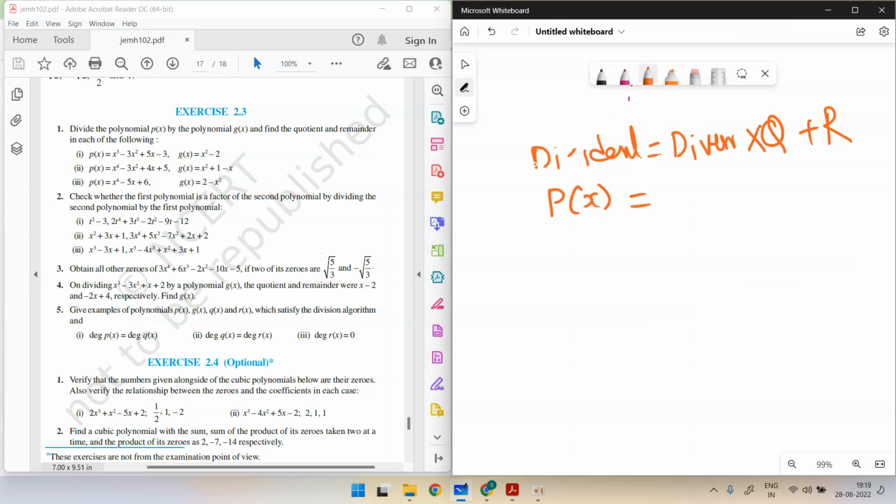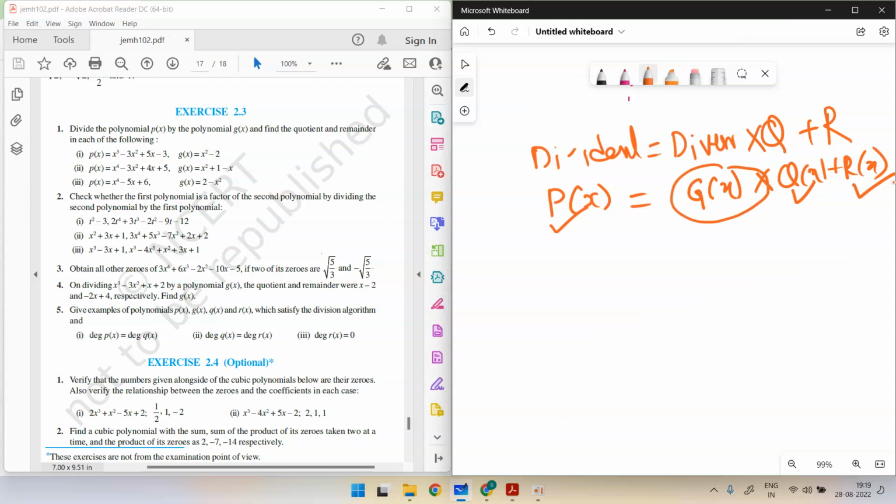equals, I take g(x) into this q(x), plus this r(x). You are given the quotient, and the remainder is also given. You need to calculate g(x).